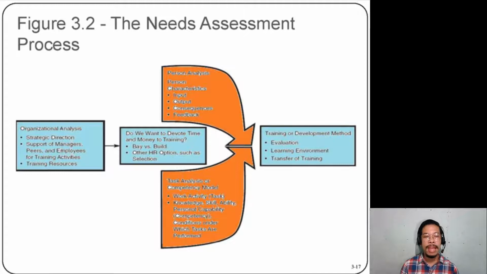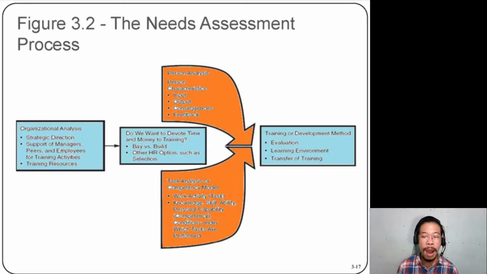Next is we have the task analysis, or the competency model. So, what specific job are we going to focus on, right? What KSAs are we going to focus on, right? And after the task analysis, we will now be able to develop a training method out from that analysis.